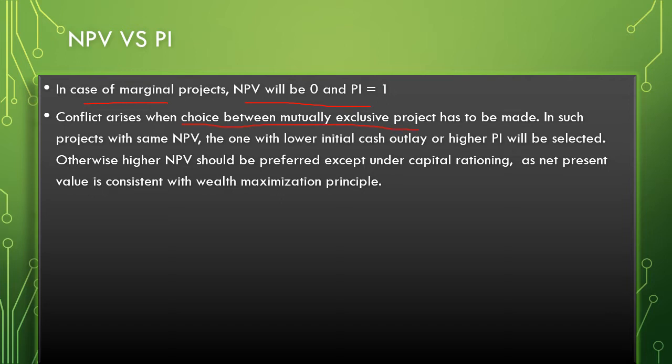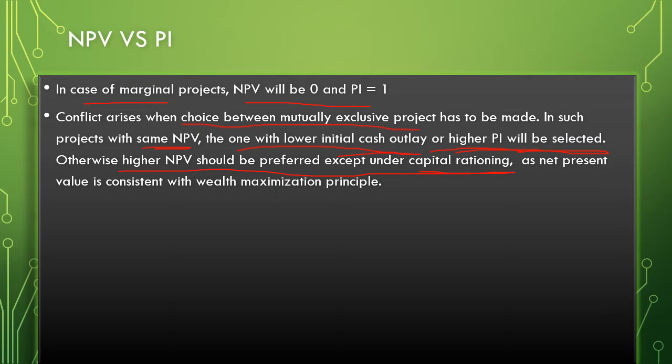In mutually exclusive projects with the same NPV, the one with the lower initial cash outlay, that is the lower initial investment, or the higher PI will be selected. Otherwise, higher NPV should be preferred except under capital rationing, that is, under a funds constraint. Capital rationing means funds constraint.